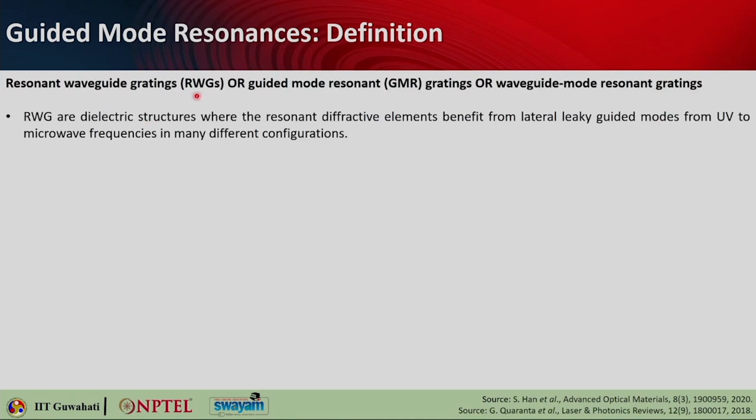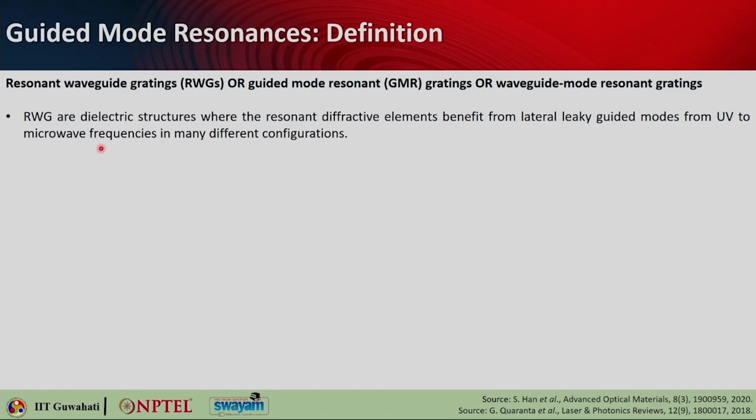So, there are other names for this particular device. It is also called a resonant waveguide grating, RWG, or we have already seen the name GMR grating, or you can also call them waveguide mode resonant gratings. Okay.